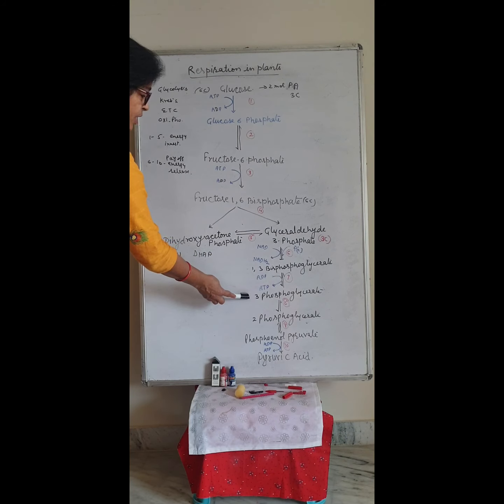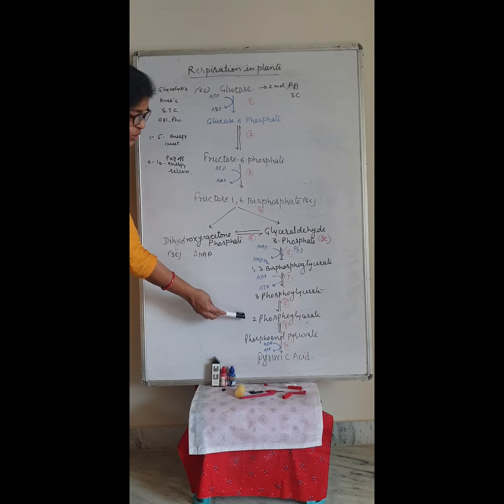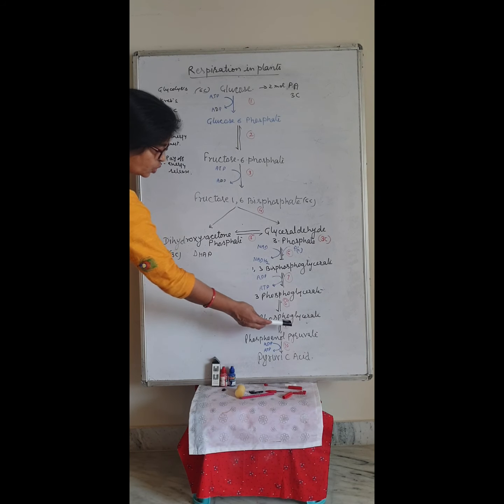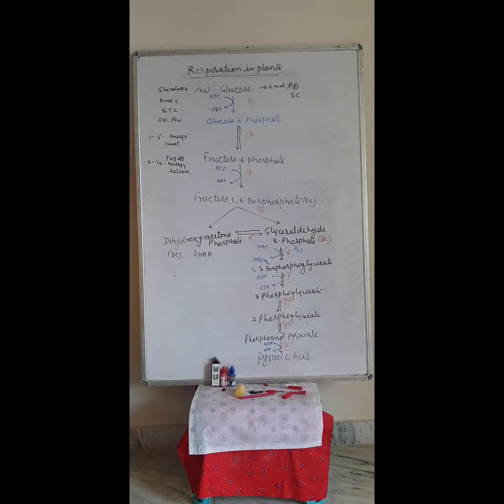And the 3-phosphoglycerate is again converted into 2-phosphoglycerate. No new compound is formed, only the position of phosphate is changed. So 3-phosphoglycerate changed into 2-phosphoglycerate. Then again it is converted into phosphoenol pyruvate, or we call it PEP.